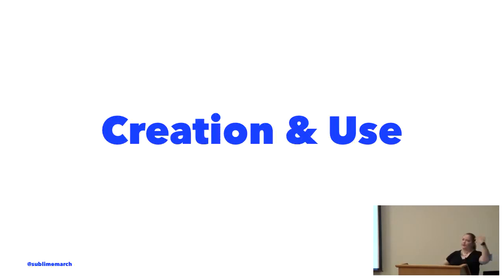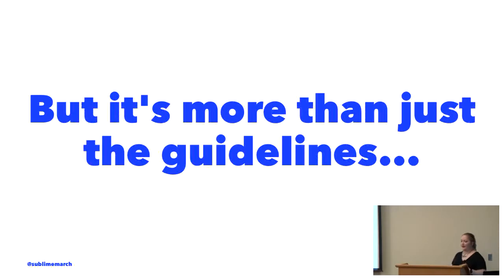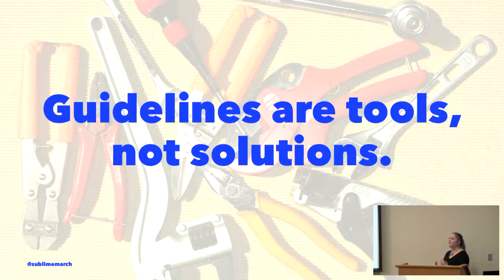Okay, so we have the WCAG, we have this set of guidelines, but here's the thing, to hammer home: it's more than just guidelines. You can read every tiny little step of the WCAG. You can follow all those six steps of creation and use and still end up with something that is not accessible to people. These guidelines are more like tools. They help us determine if something is inaccessible.